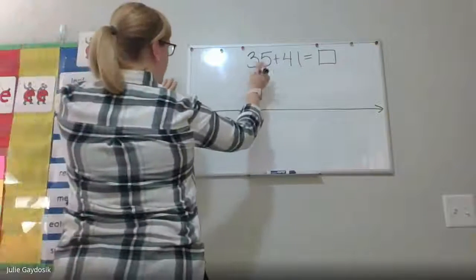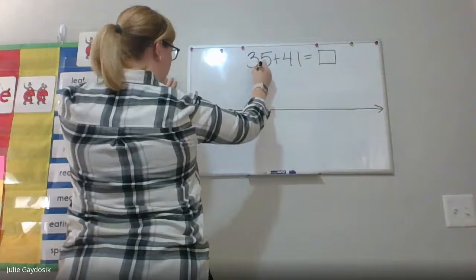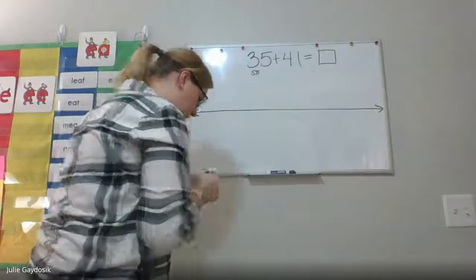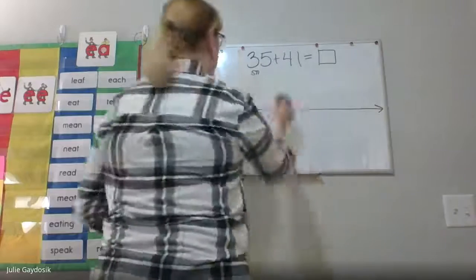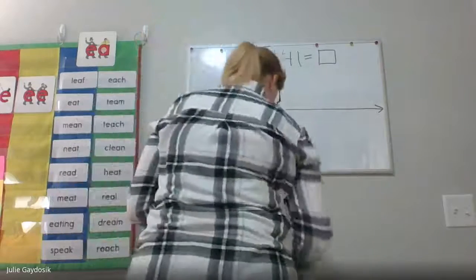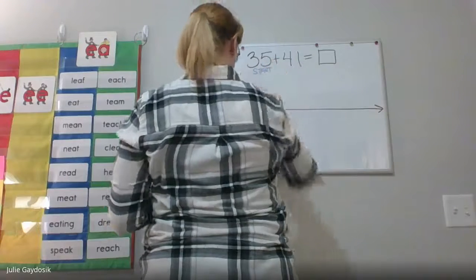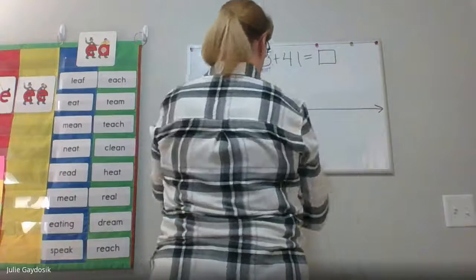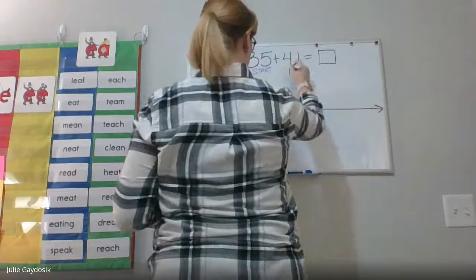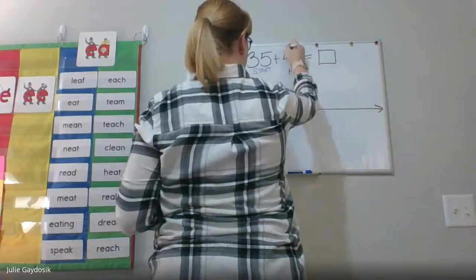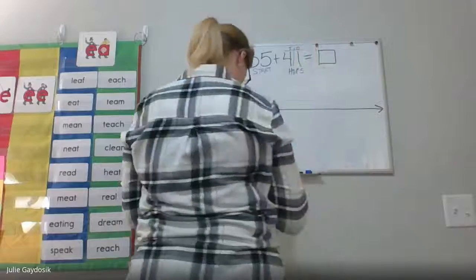So don't forget, this is where I start. Actually, let me do this with different colors. This is where I start. These are the hops I do, right? So I'm going to draw a tens and ones chart over that.